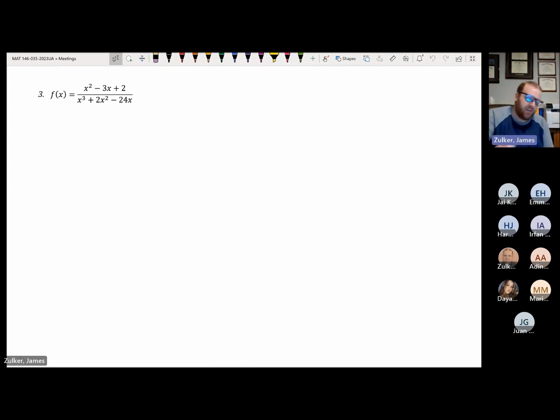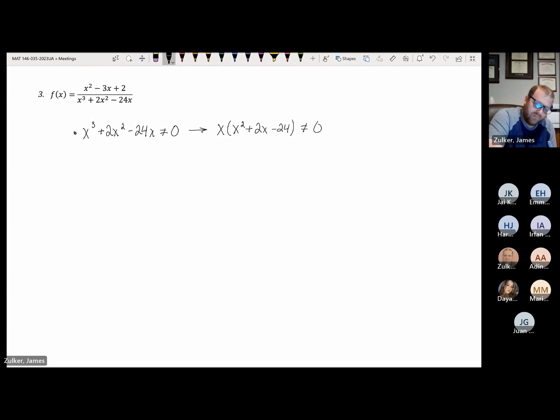This function, again, we have a denominator, right? So what's in the denominator cannot equal 0. You can factor out an x. Remember, when solving a quadratic, you want to try and factor it first.